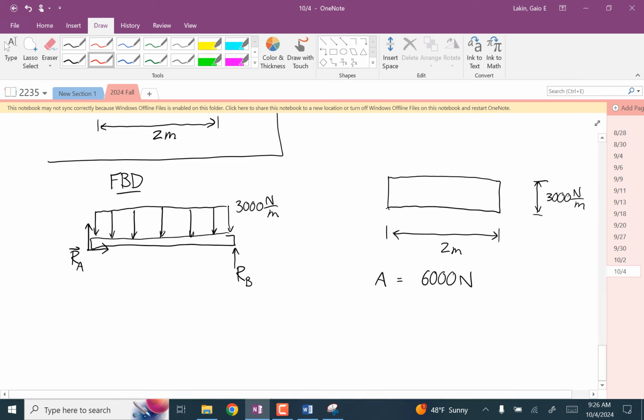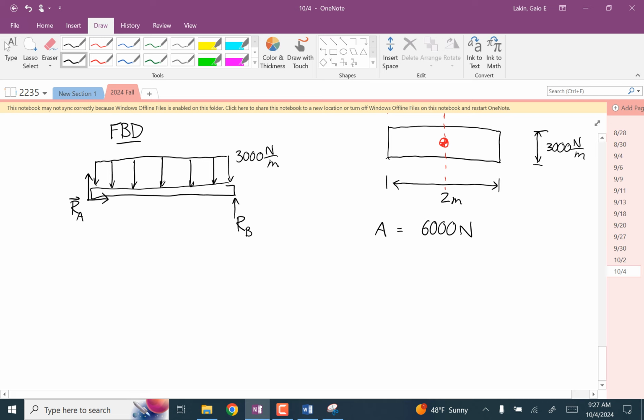And the centroid of that shape is right in the middle. Since this distributed load force is straight down, we don't care about the y position of that centroid. We only care about the x position. So this location here is 1 meter from either end.